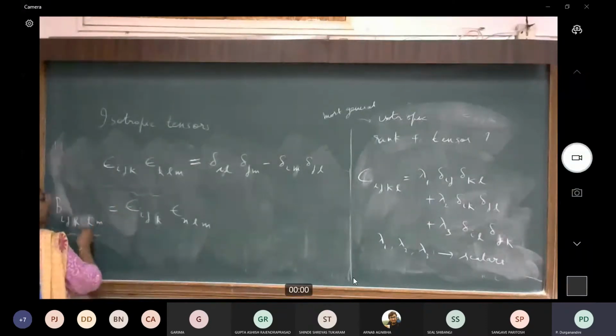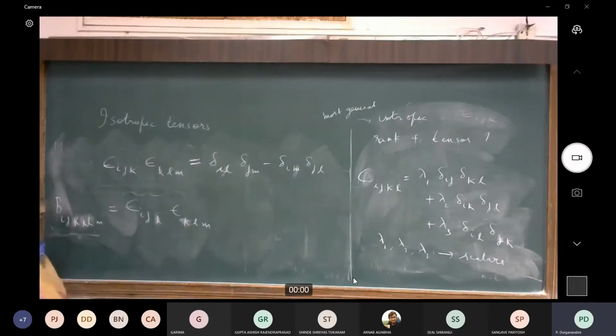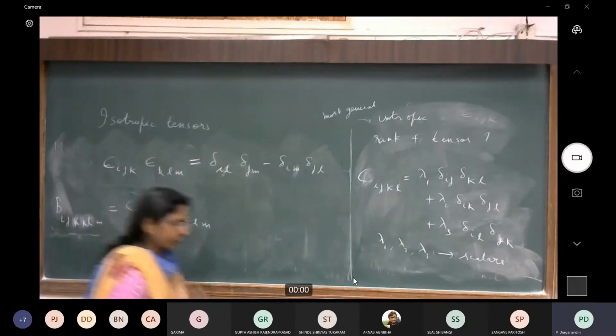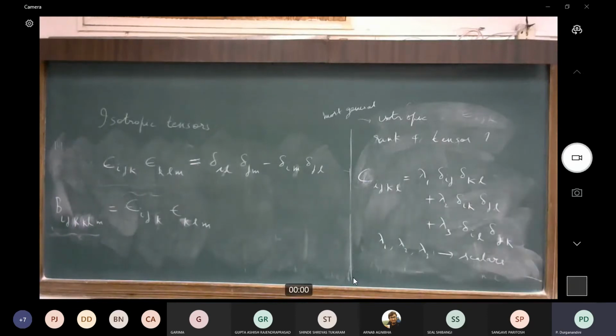Then I contract 2 indices, so whatever object this is, it is now a 4th rank tensor. And because the starting 6th rank tensor was isotropic, this corresponding contracted 4th rank tensor is also isotropic.